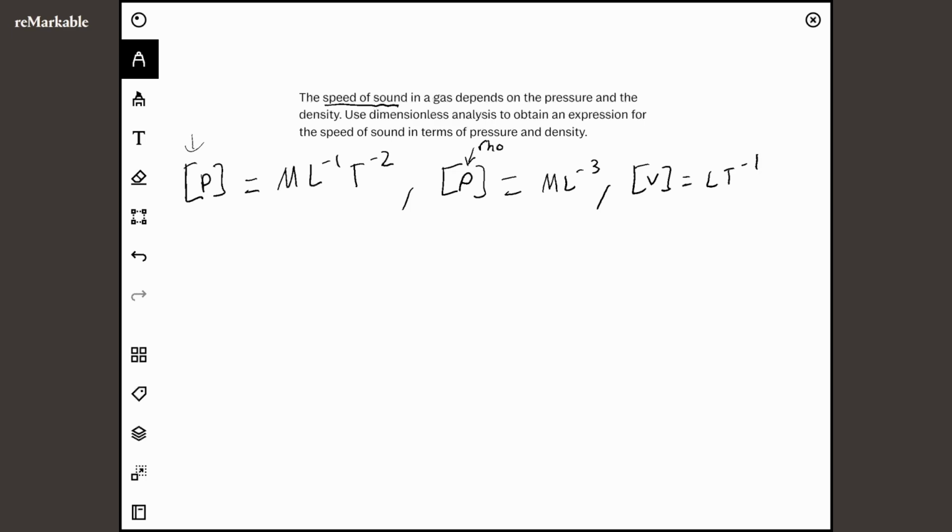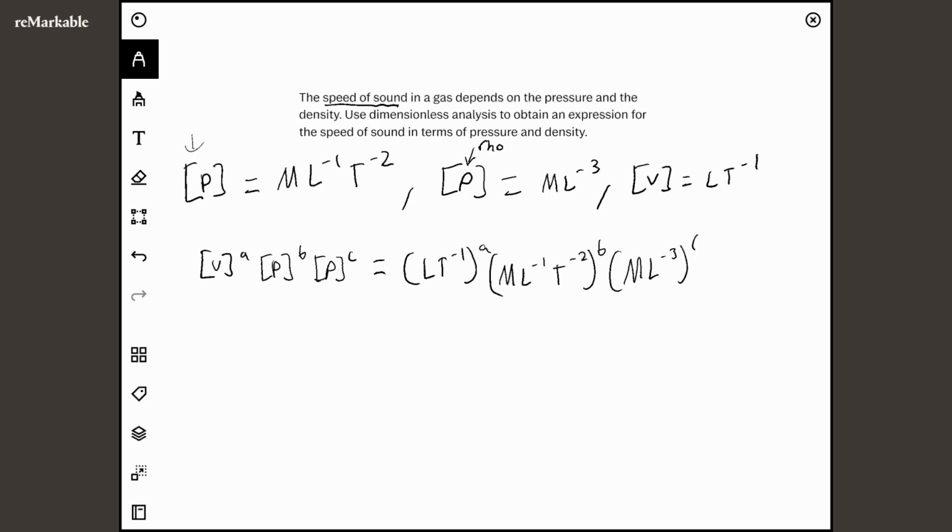Now, like we did in the pendulum question, what we want to do is get a dimensionless product of these variables. So we want to find v^a P^b rho^c, which would equal (L T^-1)^a (M L^-1 T^-2)^b (M L^-3)^c.